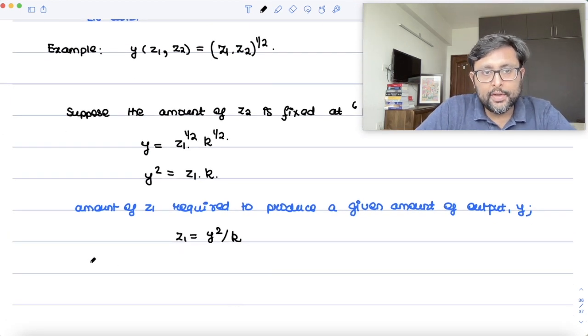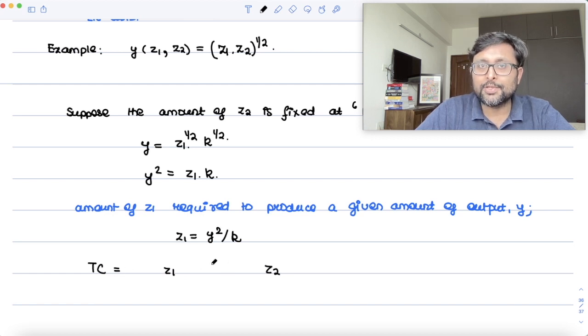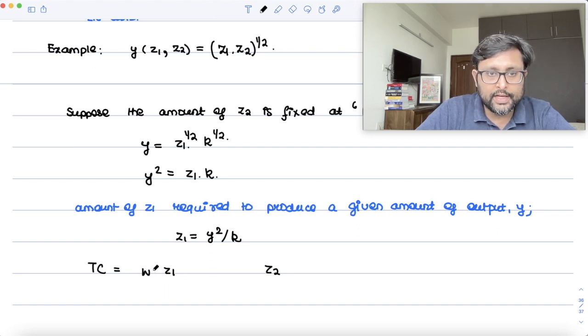So how do I write my cost function? I'm using two inputs, Z1, Z2. So guys, this is not the cost function, this is the objective function of the cost minimization. Anyways, Z1 and Z2 are two inputs. The per unit price of Z1 is W1. The per unit price of Z2 is W2. So it is W1 Z1 plus W2 Z2.